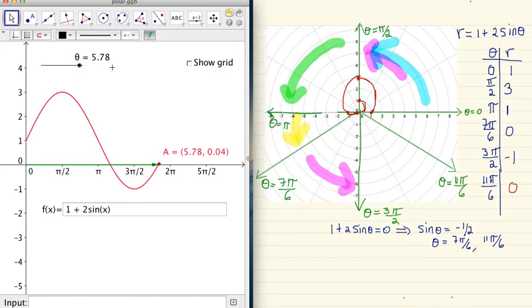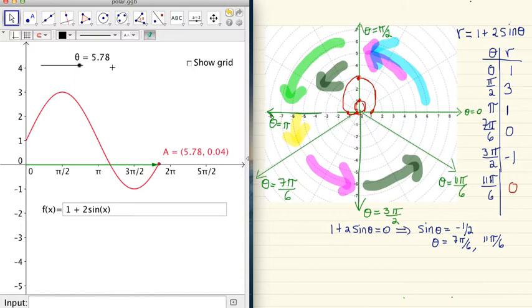I'm going through quadrant 4 angles, these angles, but since r is negative, I'm really going to draw my curve over here. And so it's going to go like this, ending at r equals 0 when I reach the ray opposite to 11 pi over 6.